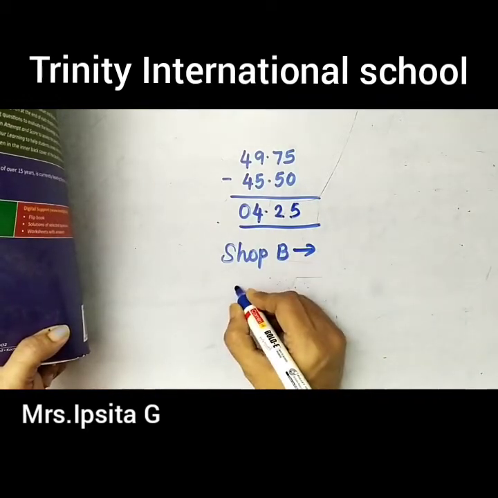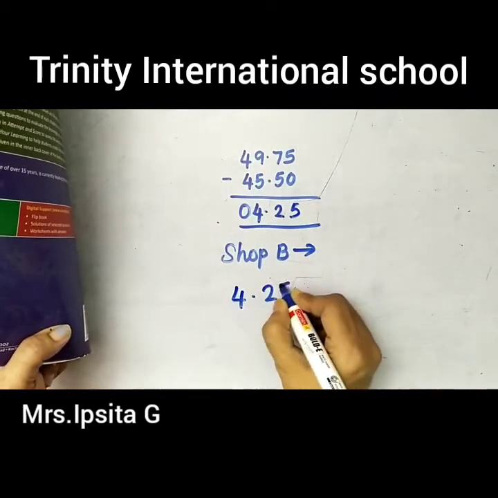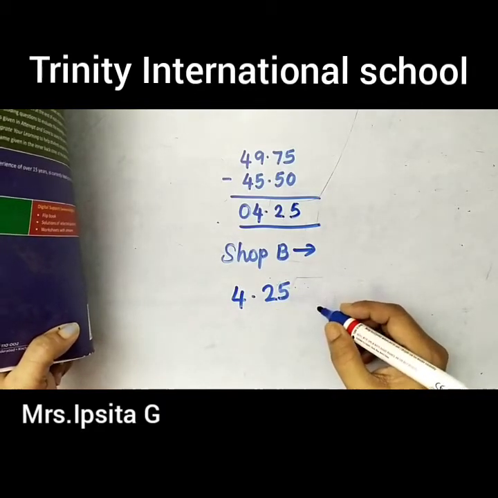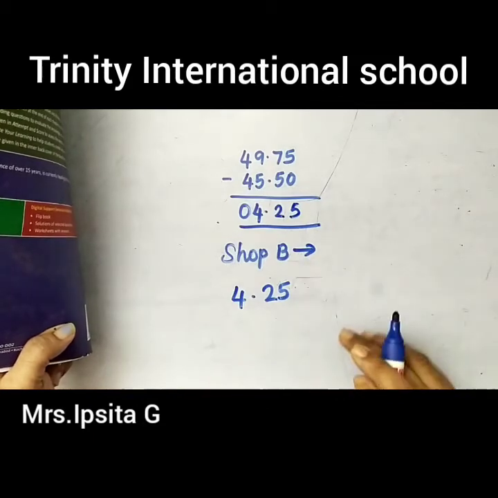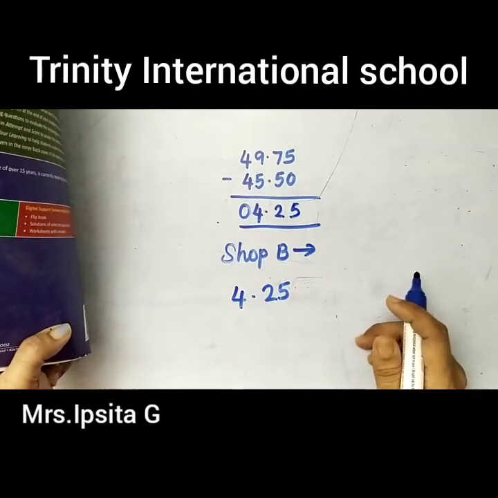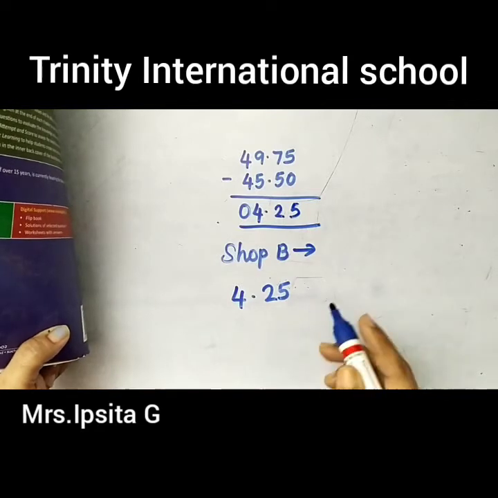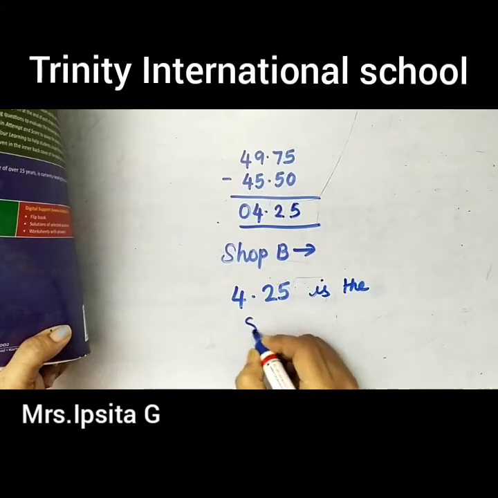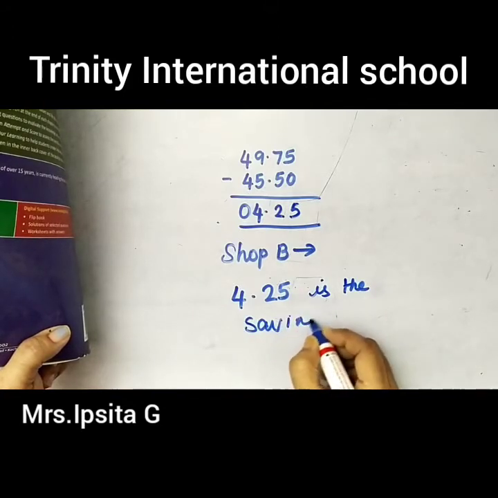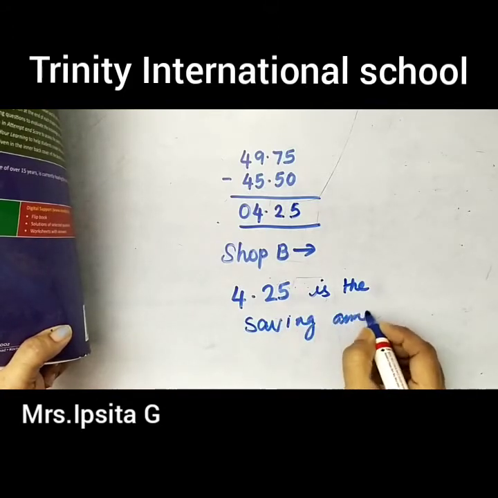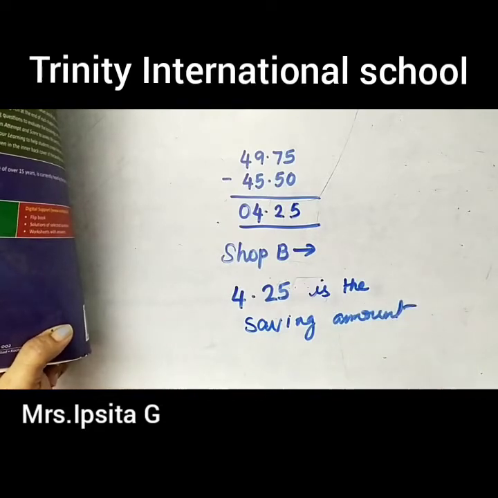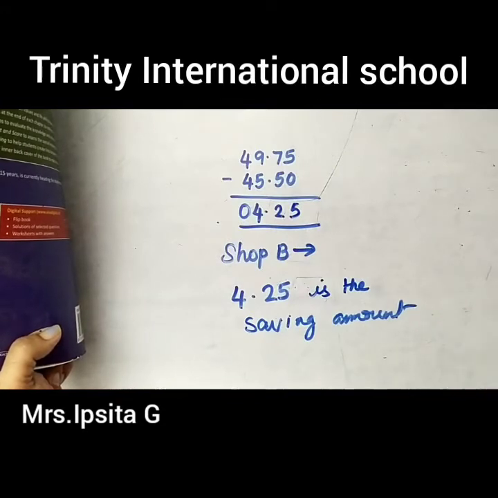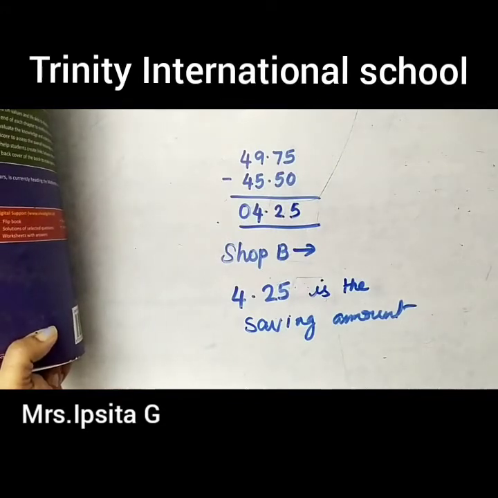She can save 4 rupees 25 paise if she buys the sugar from shop B. So 4 rupees 25 paise is the saving amount. So this is how you are going to find out the saving amount for Akanksha.